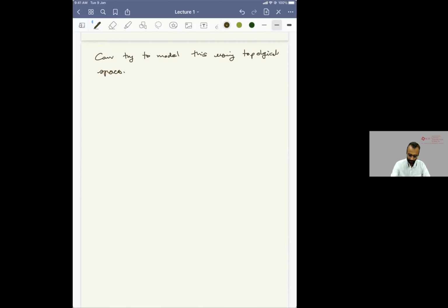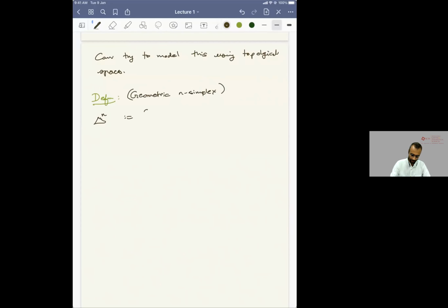For this, I'm going to define, for a moment, this thing called the geometric n-simplex. You just define this topological space Delta n.